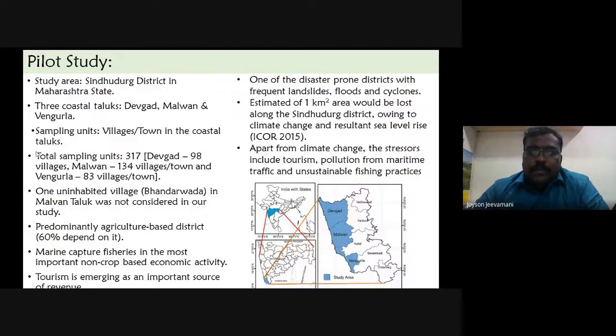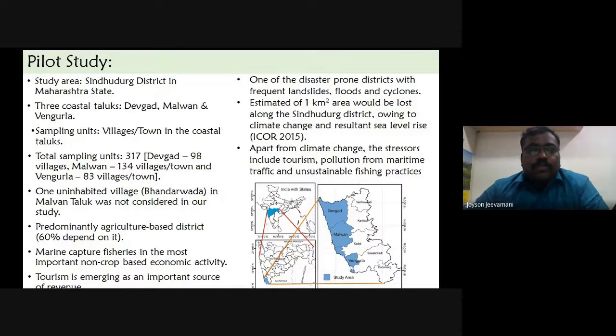So we have developed this framework and we piloted this with a study area, that is Sindhudurg district, which is in Maharashtra state. It is a coastal district. It has 3 coastal taluks: Devgarh, you can see the map down here, Devgarh, Malvan, and Vengula.